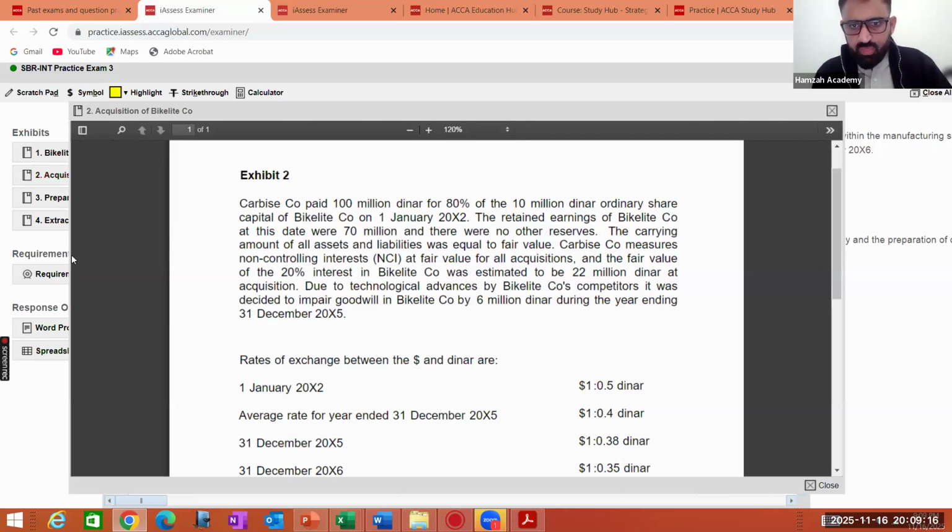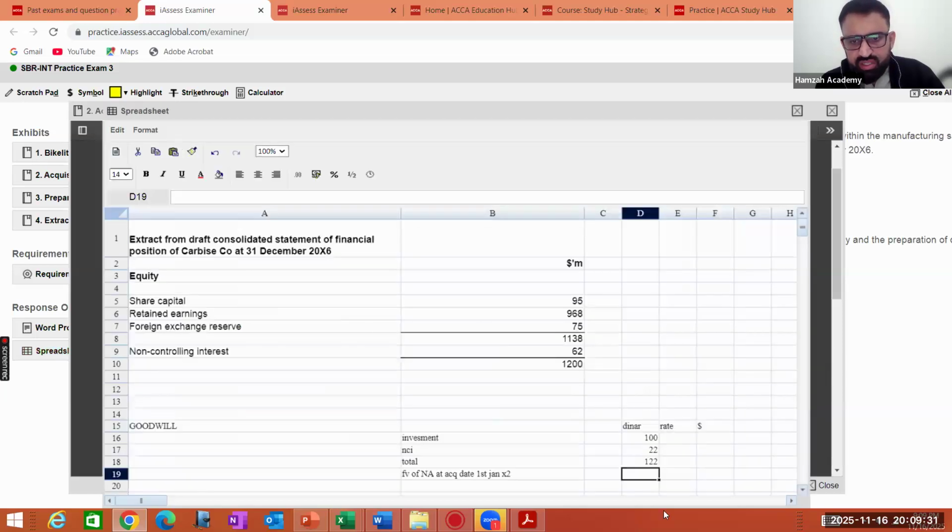That was retained earnings of 70, and the share capital was 10 million dinar. So 70 plus 10, it would be 80.